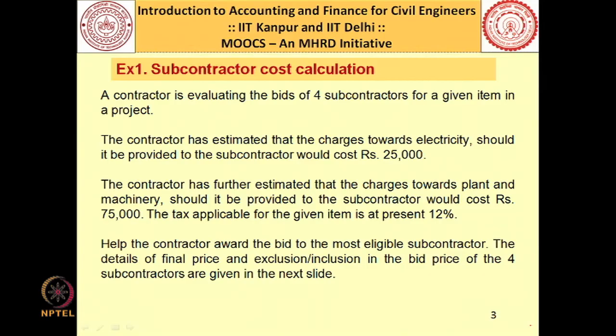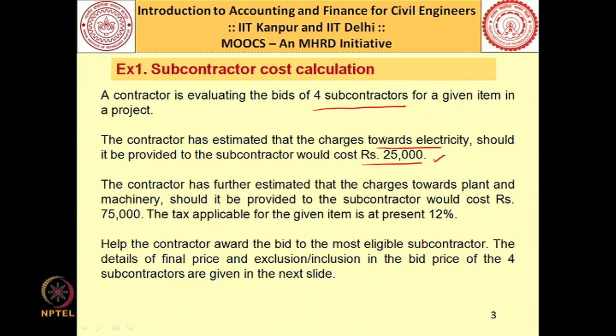In order to understand this, we have taken one small example in which let us assume that we are trying to select a subcontractor, and for this we have given the bid document to 4 subcontractors. Now, as a contractor I have estimated that if I have to provide electricity to the subcontractor, I may incur a cost of 25,000.